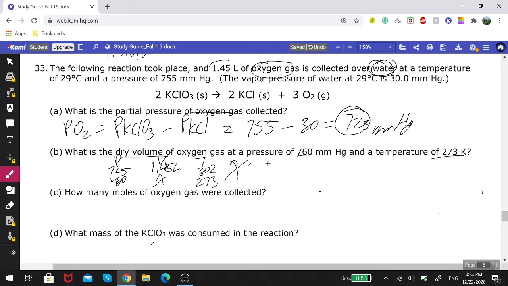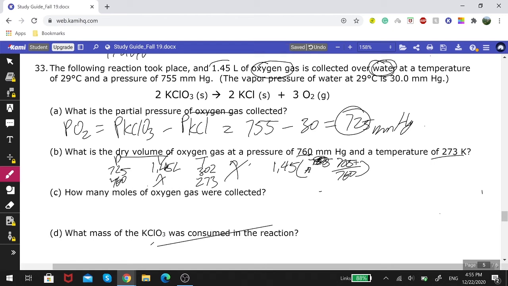So let's do volume and pressure first. They are inversely related. So we're going to do 1.45, and as pressure increases, volume decreases. So we're going to put the smaller number on top, which is 725 divided by 760. And then volume and temperature are directly proportional.